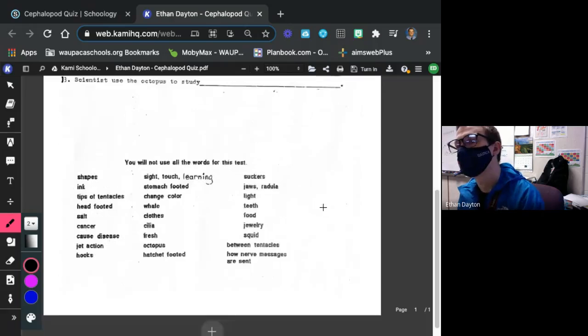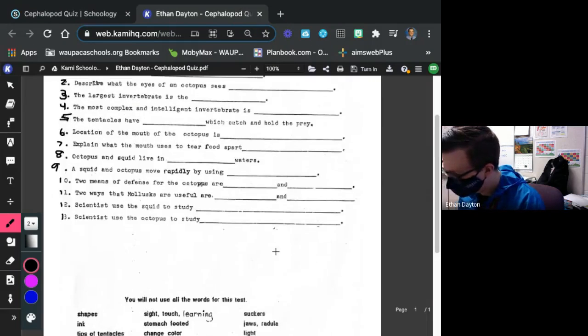What things does it use to tear the food apart? Number 8, octopus and squid live in blank waters. What type of waters do they live in?